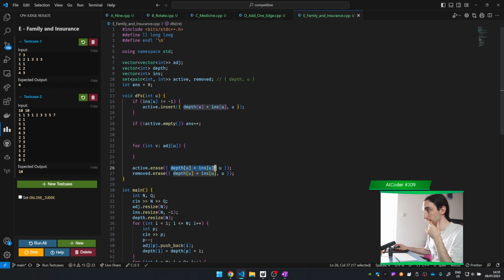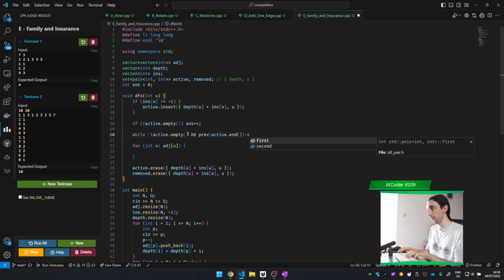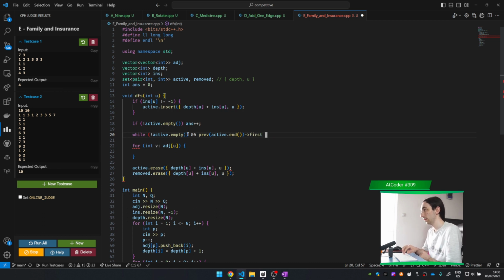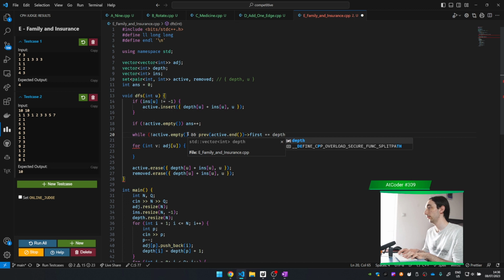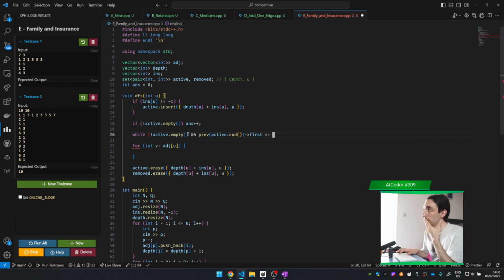Okay, so this here would be: while active is not empty and the previous of active.end, its first, so the depth, is smaller or actually equal, smaller or equal, I would say, right?